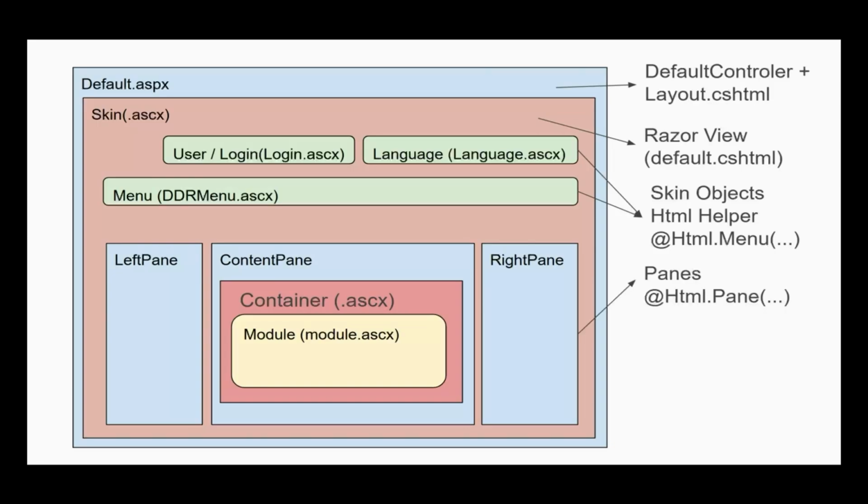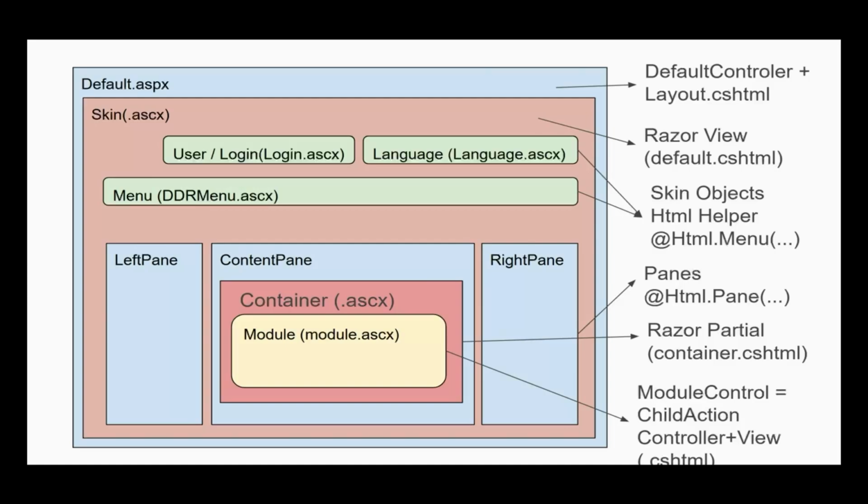All the panes that you have in the skins need to be rendered with an HTML helper. The containers are implemented as a razor partial, just a razor file. So you get the skin and the containers that are just razor files, nothing more.